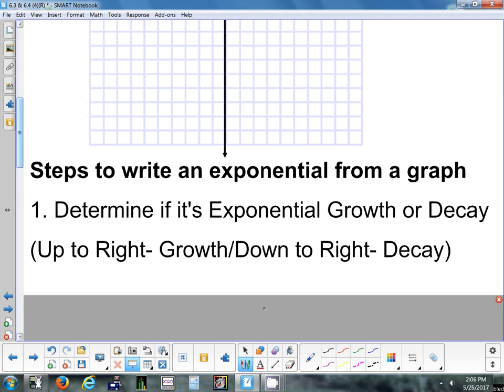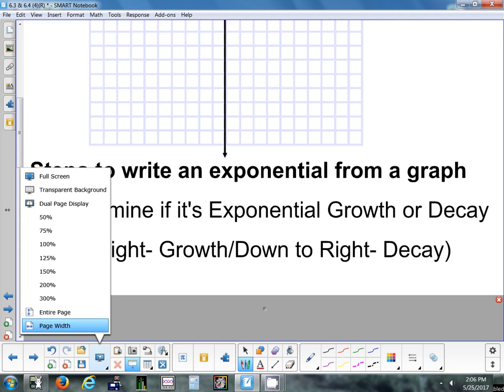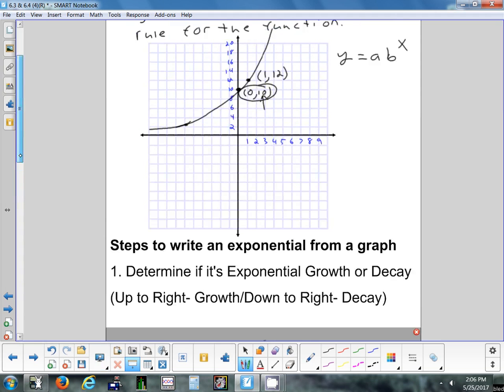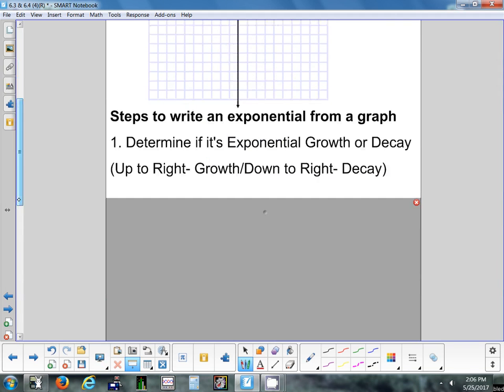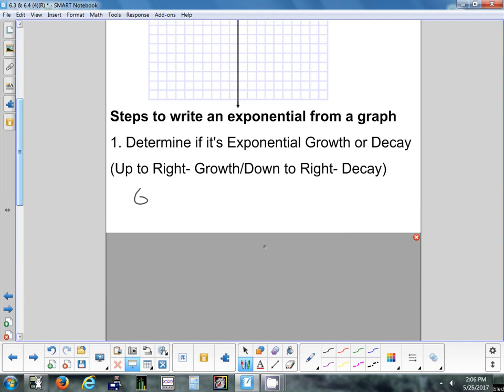First, what kind of exponential is it, growth or decay? If it's going up, growth. If it's going down, decay. This one is exponential growth. This problem is growth.